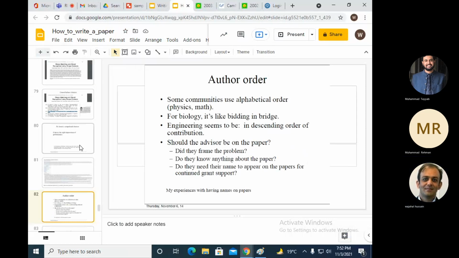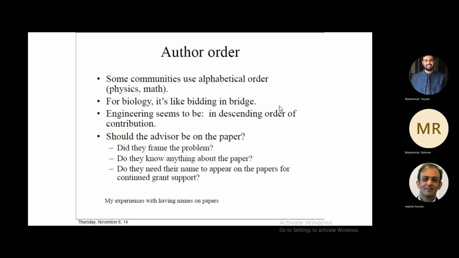अच्छा, very emotional, and most of the times when somebody comes to me as, which is okay, if you have done the hard work you would want to be the first author, that is fine.